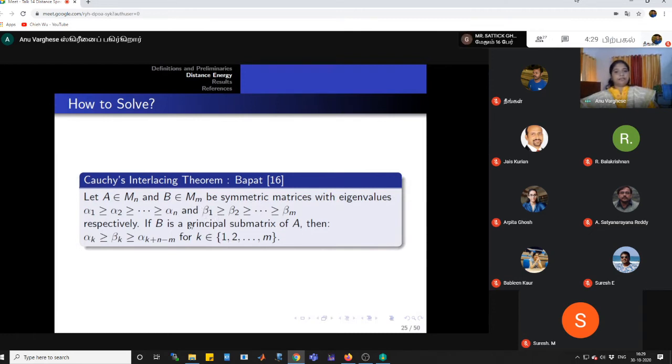Then, if B is a principal submatrix of A, alpha k is greater than or equal to beta k, which is greater than or equal to alpha k plus n minus m. This is the interlacing of eigenvalues. In particular, if m equals n minus 1, then alpha 1 is greater than or equal to beta 1, greater than or equal to alpha 2, greater than or equal to beta 2, and so on, beta n minus 1 greater than or equal to alpha n.